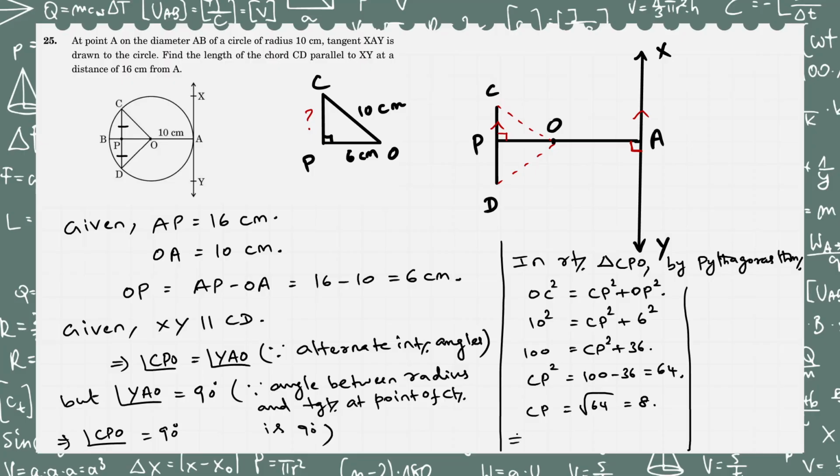So that implies PD is also equal to 8. This is also 8, that is also 8. Now we need the length of the chord CD. So therefore length of CD is equal to PC plus PD, which is equal to 8 plus 8, which is 16 centimeter. Okay, and that is the end of the sum.